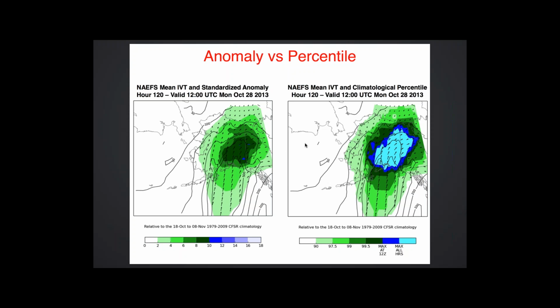We can see that the NAIFS was predicting pretty anomalous integrated vapor transport values up into central Alaska, so a wide area of 8 to 10 standard deviations above normal. But still, you're left wondering where exactly that falls relative to the climatology. However, if you look at the climatological percentile, it's very explicitly stated that these values are outside of the CFSR climatology.